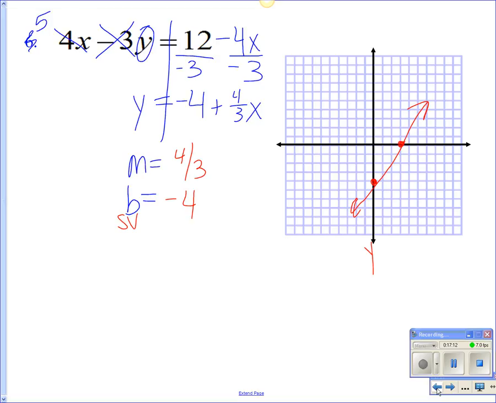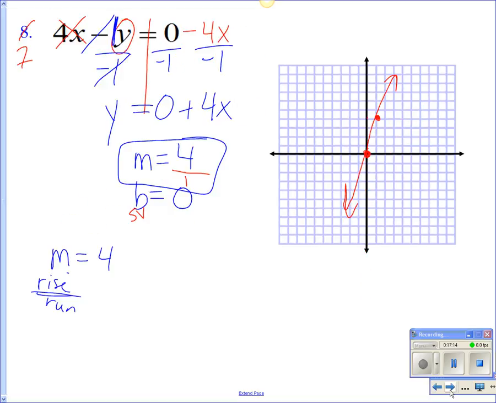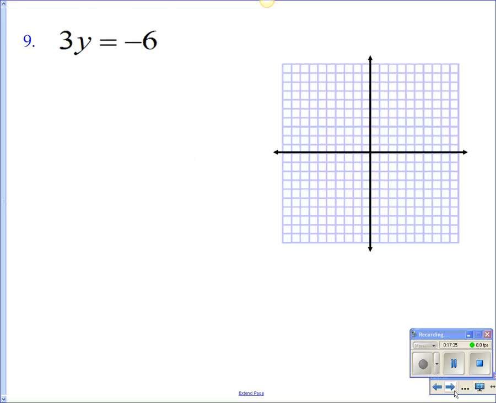Here, it was a fraction. But here, it was just 4. So you need to draw a line underneath it. And in math, you can always put a 1 under it because what's 4 divided by 1? 4. So you're not really changing it. You're just putting it in slope format. So then you go up 4 and over 1. Okay? All right.